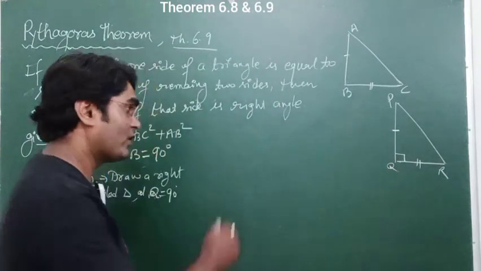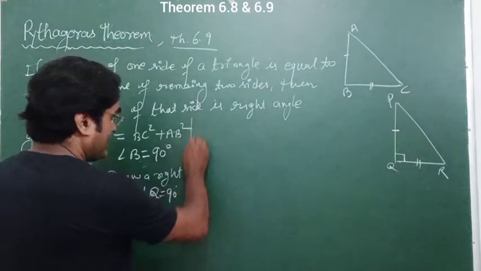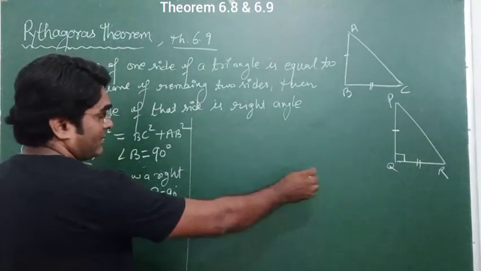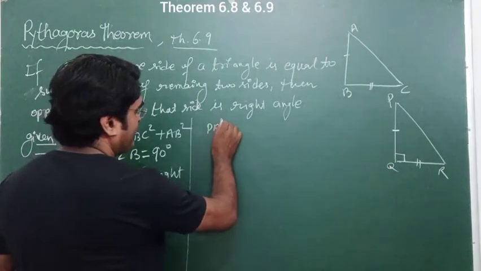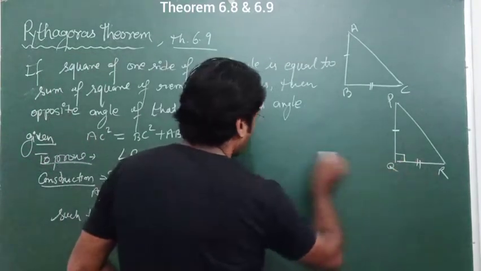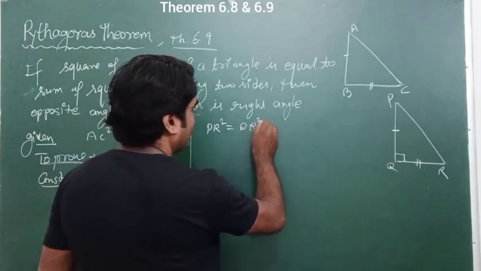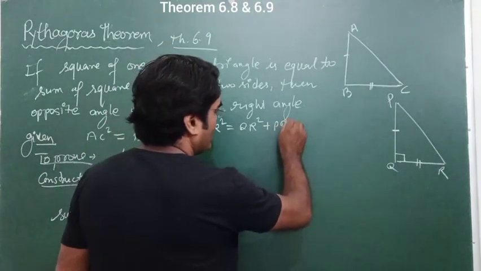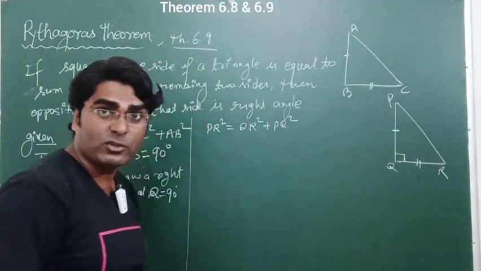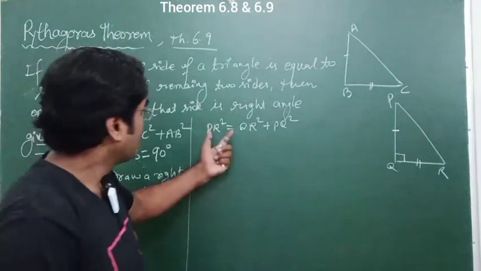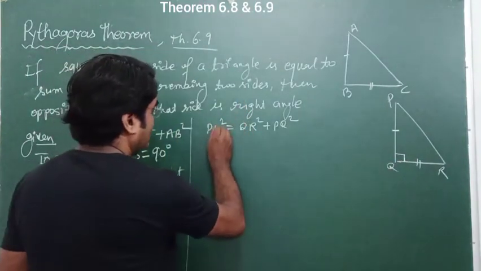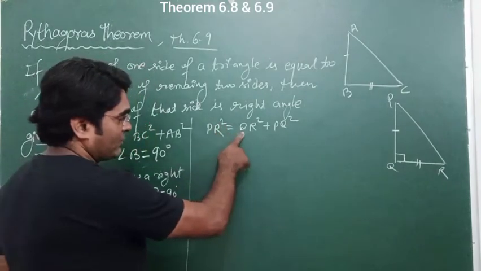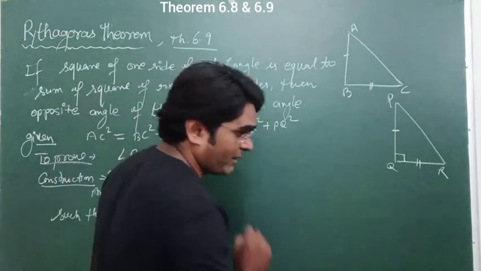According to your construction, PR square is equal to QR square plus PQ square. Why? According to the Pythagoras theorem, PR square, this is the hypotenuse, is QR square plus PQ square.